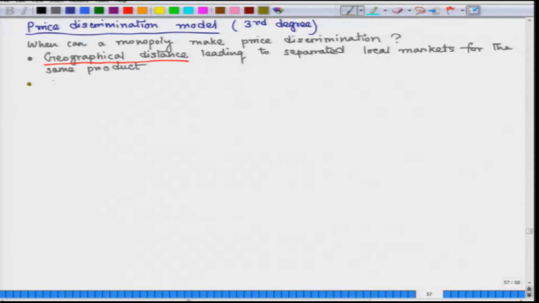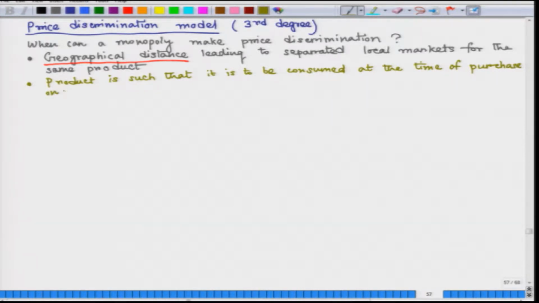Here we can say that if there is a product that is to be consumed at the time of purchase only, so there is no time lag between the purchase decision and the consumption.